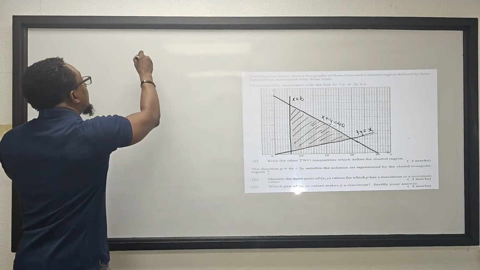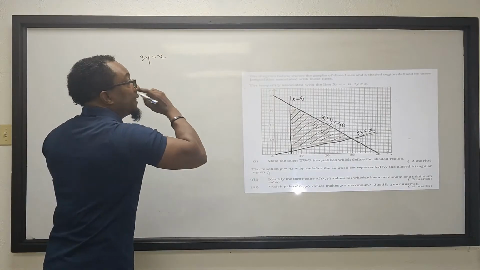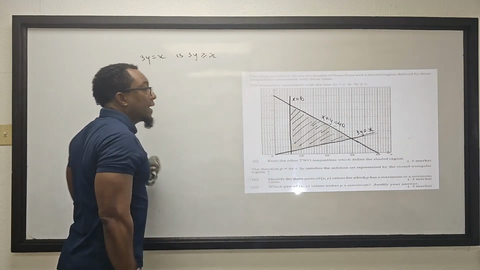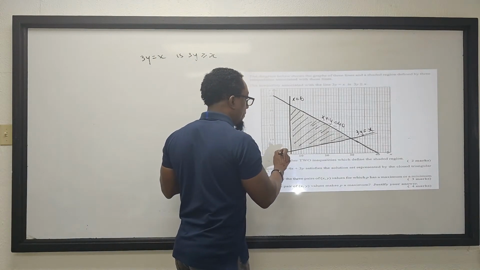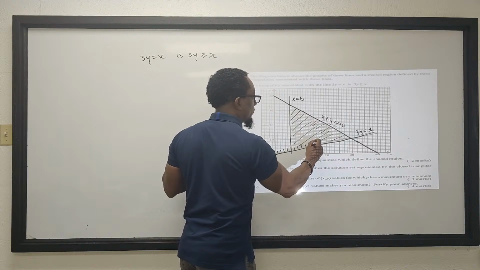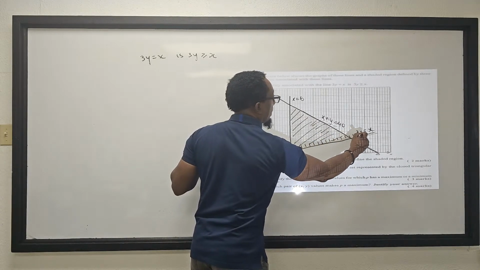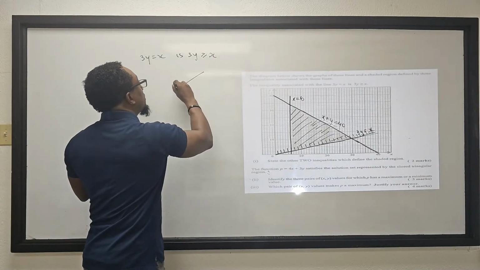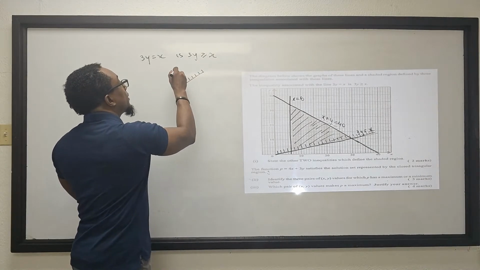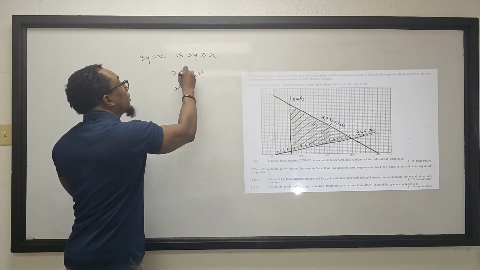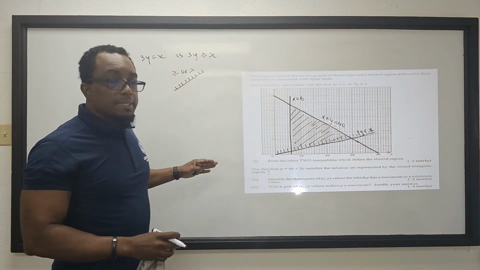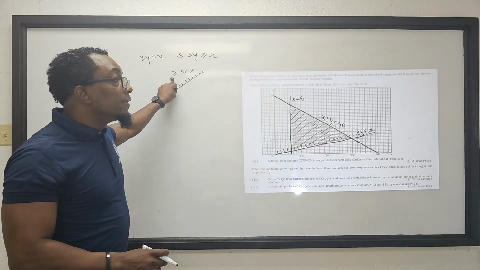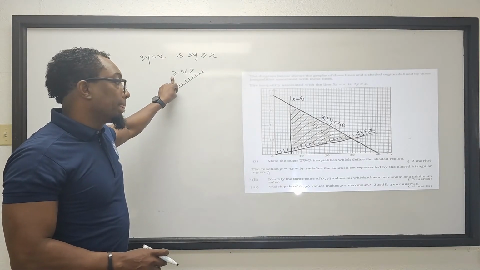Because if we shade above, for a line that is sloping this way, this will be greater than or equal to or greater than. Once a line is solid, we use greater than or equal to. So 3y is greater than or equal to x.